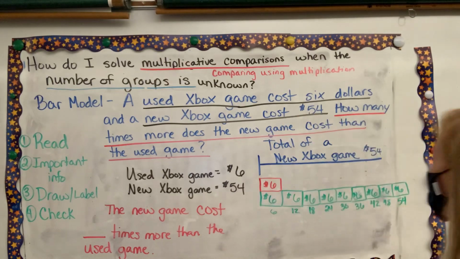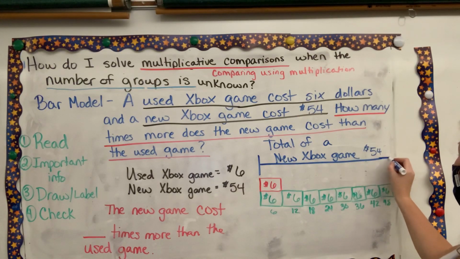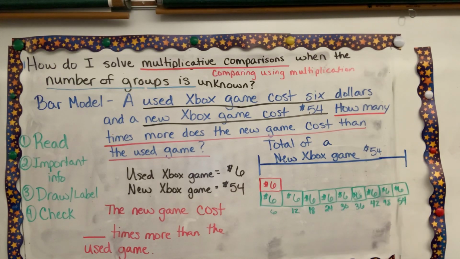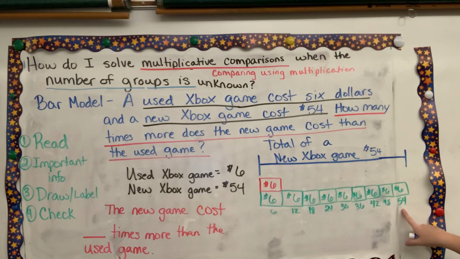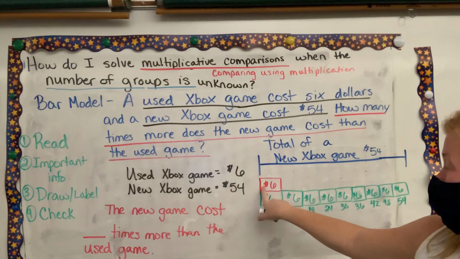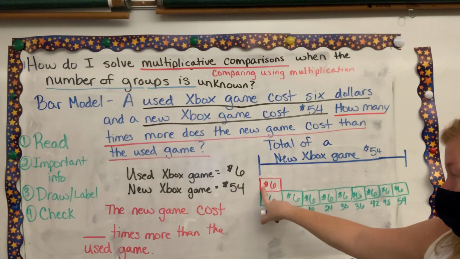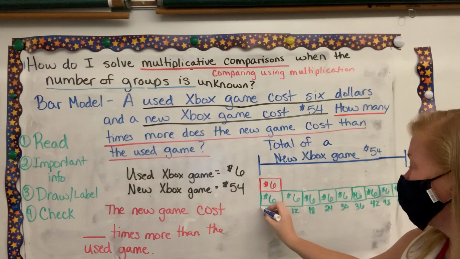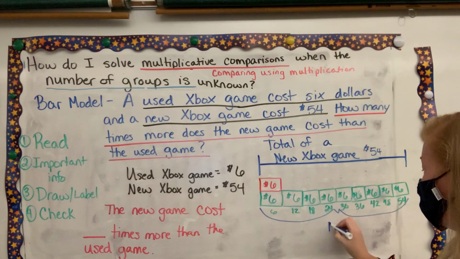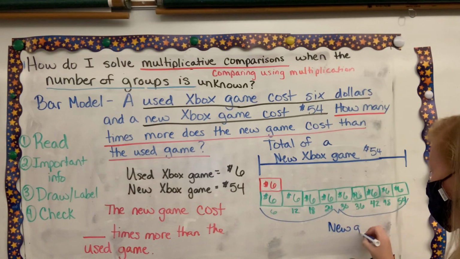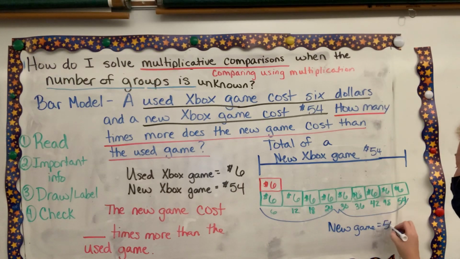So my model should be this long. So the whole thing is this, which is 54. The used game is $6. This right here is the whole cost of the new game, which is $54.